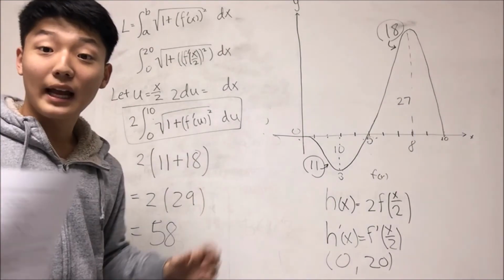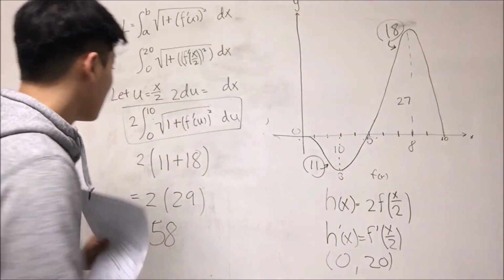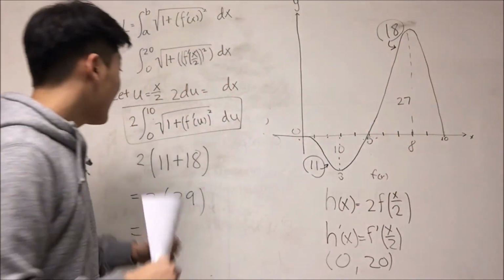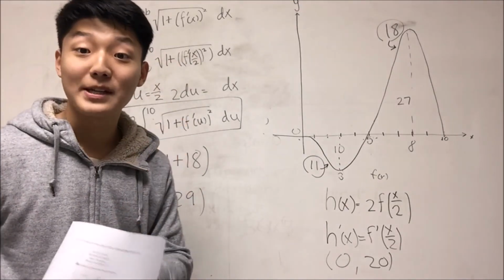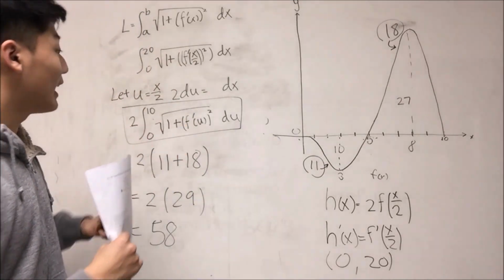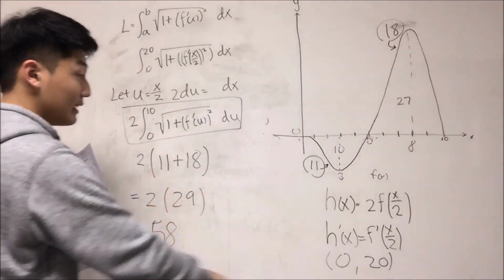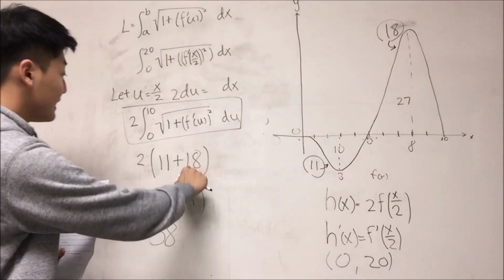Do not be scared by how can I solve this. However, think which information is given. Because it is 0 to 10 and the function is 0 to 10, and because this formula is arc length, let's use the given information, which is from 0 to 5. The arc length is 11. 11 plus, from 5 to 10, the arc length is 18.